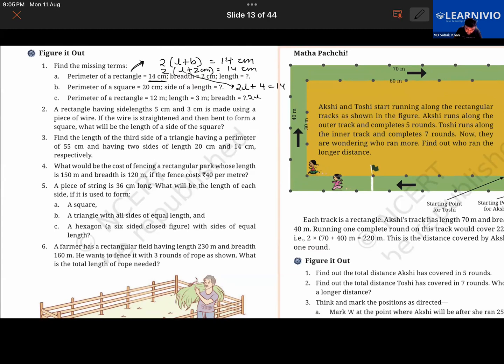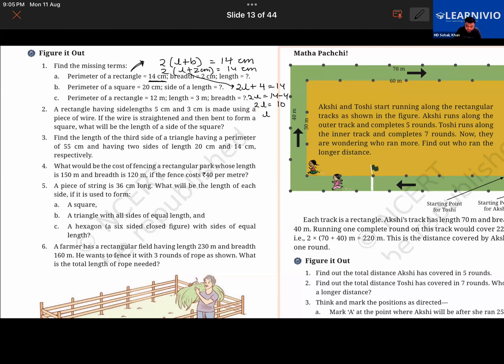Then I will send the 4 to the other side of the equal sign. When it is changed from one side to another, what happens? We subtract it. Here 4 was an addition, and when you send it to the other side, it comes into subtraction with 14. So 2 times length is equal to 10. Then 2 here is in multiplication with L.